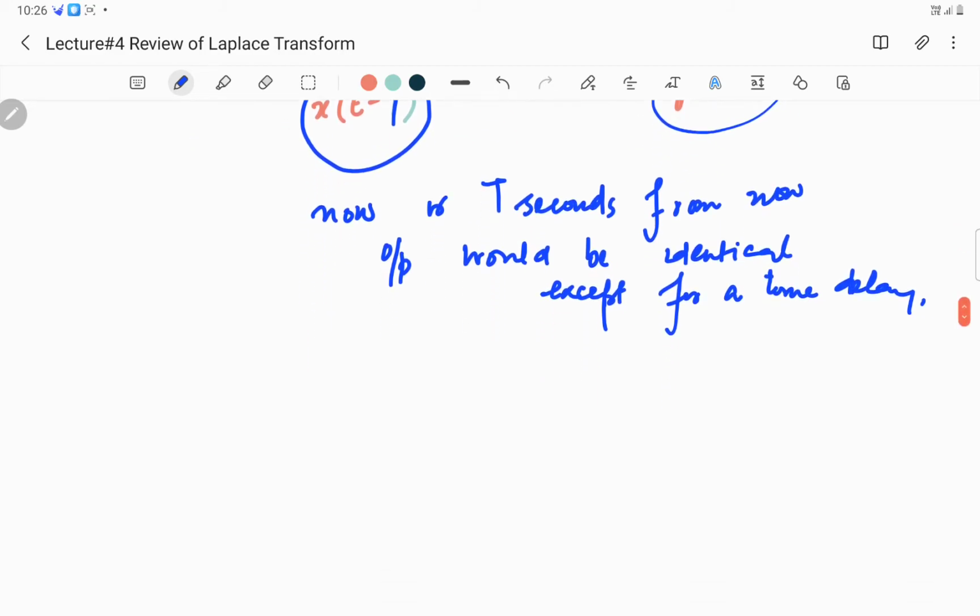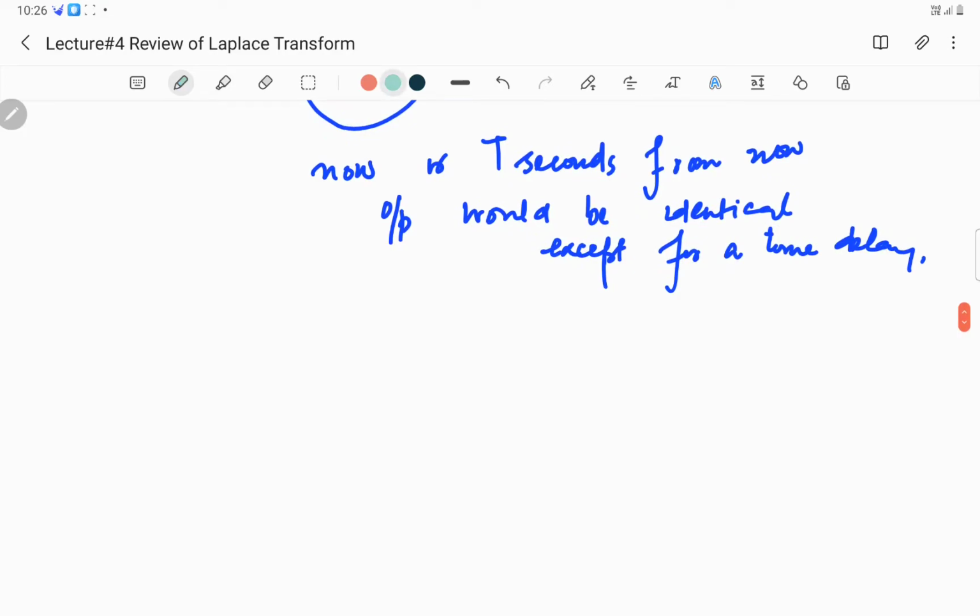So let me try to make you understand it this way. Let us say we have a system, and we are trying to understand time invariance.